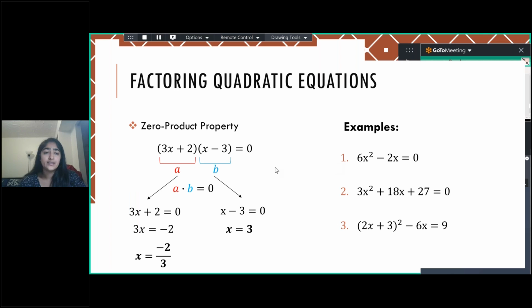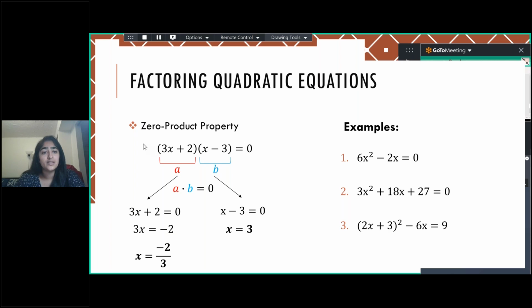Looking at factoring the quadratic equations, a helpful property to know is the zero product property. This is already in the factored form, where we have the quantity 3x plus 2 times the quantity x minus 3 equals 0.